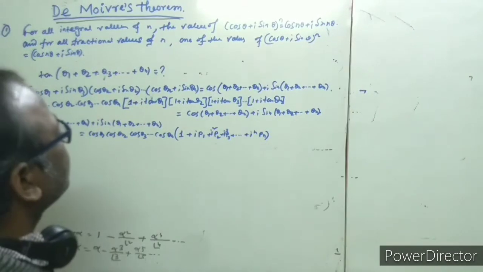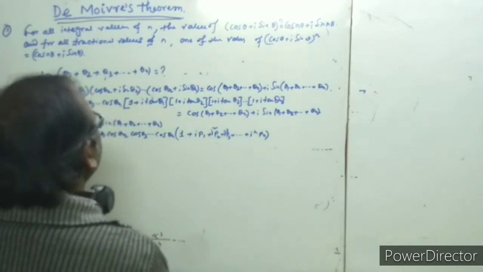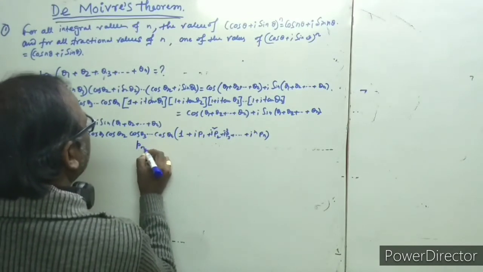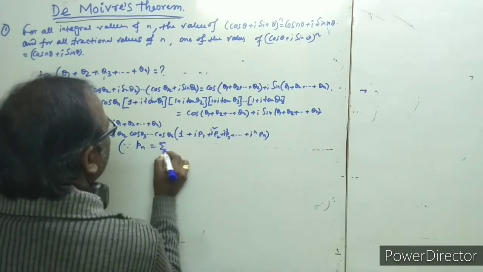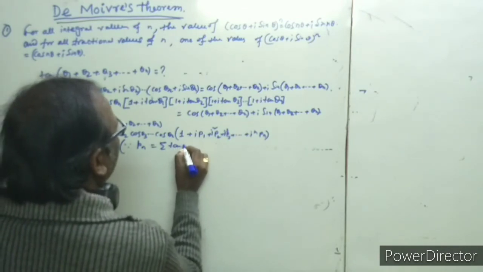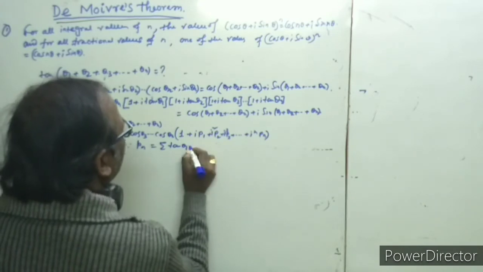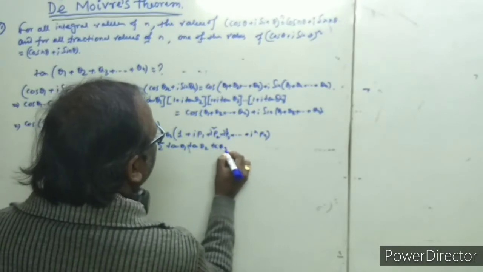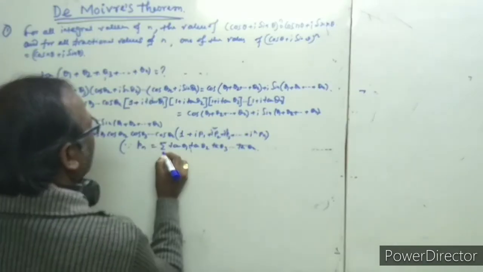Okay. If we multiply this term, where pn is the notation for the summation of tan theta 1 into tan theta 2 into tan theta 3, dot dot, tan theta n.